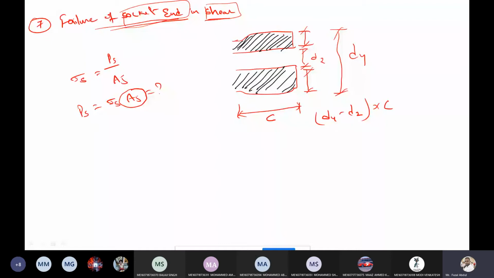This is for only a single side, because the socket is going to fail in this manner. I'm showing it separately here. This is the one side.